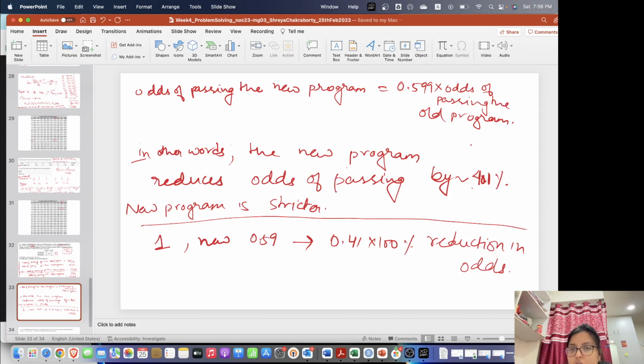How much is it reducing? It is reducing by 0.4011. Let's say this is half, just consider this to be 0.5. Whatever was the pass to fail ratio for the old program, that ratio is becoming half for the new program.